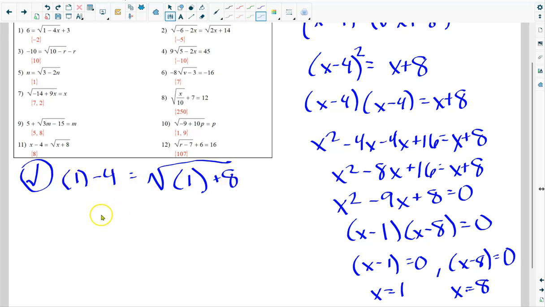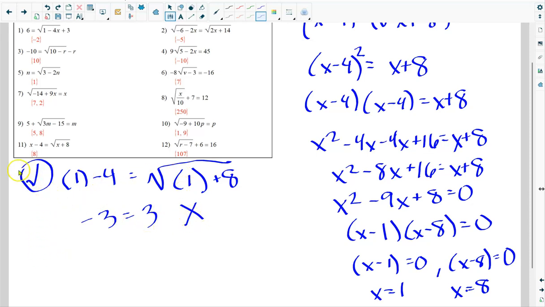This minus 4 is the negative 3. This is 9. Square root of 9 is 3. It doesn't equal, so that's why it's extraneous. It shows it's a solution, but you have to check it, and it's not true.